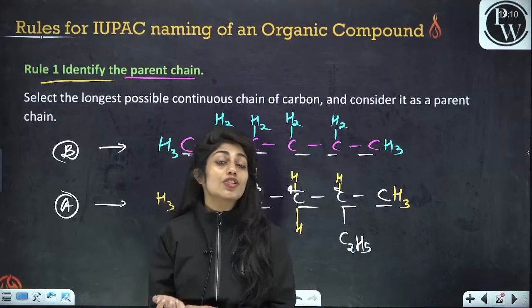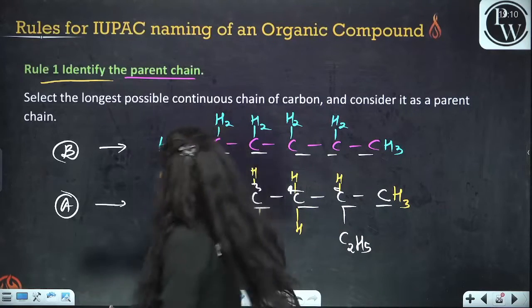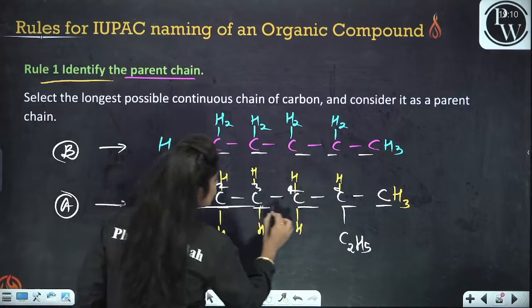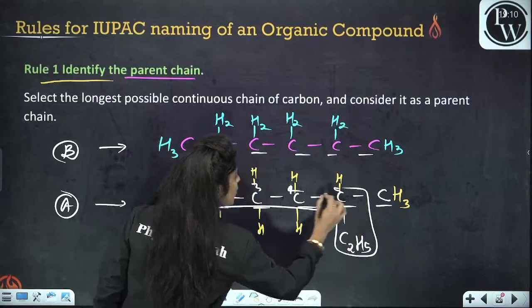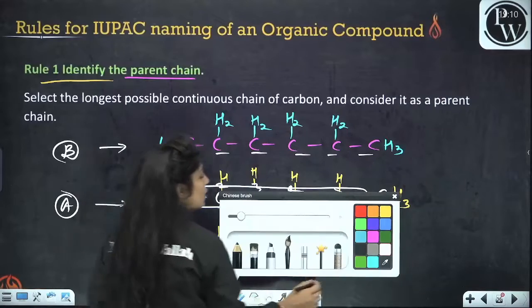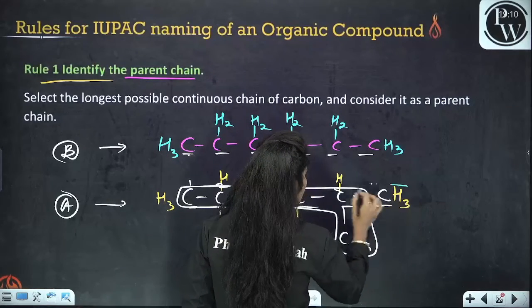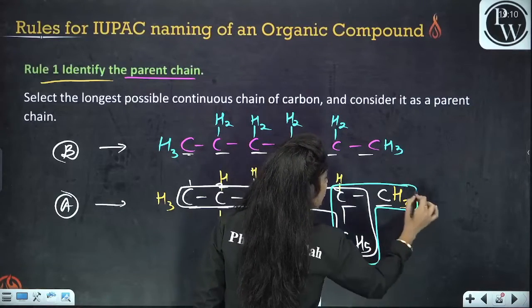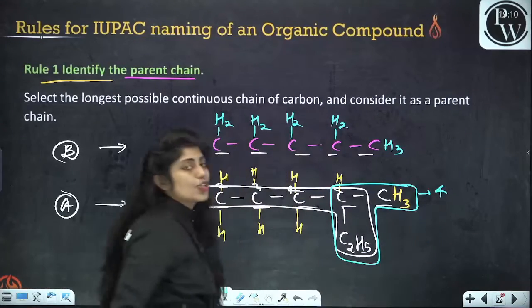We are dealing with the largest parent chain. So this will be my largest parent chain. You can also count it like this, but it contains only 4 carbons, so it's not the larger one.